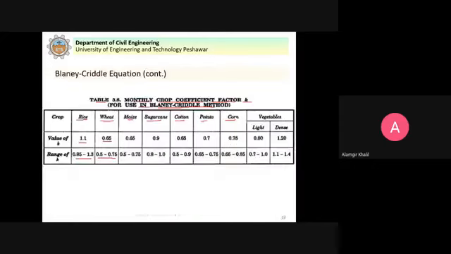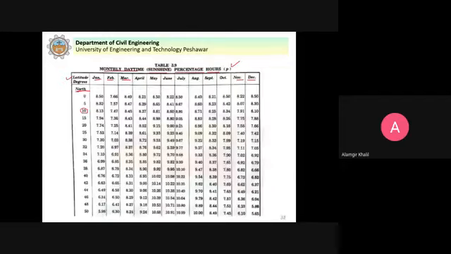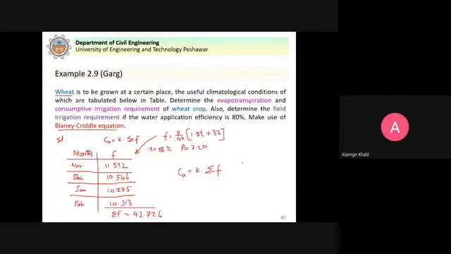So we go back and you can see here that for wheat, from this table, we can consider the value of k from table 3.8 for wheat.